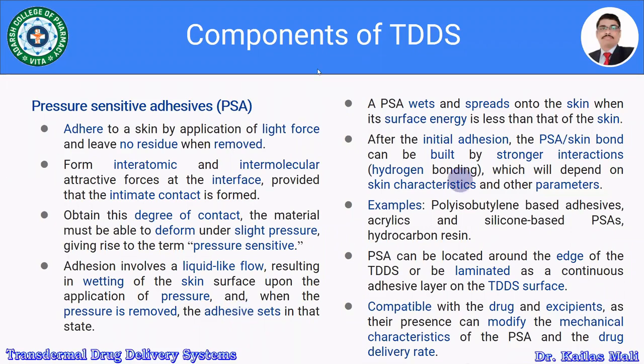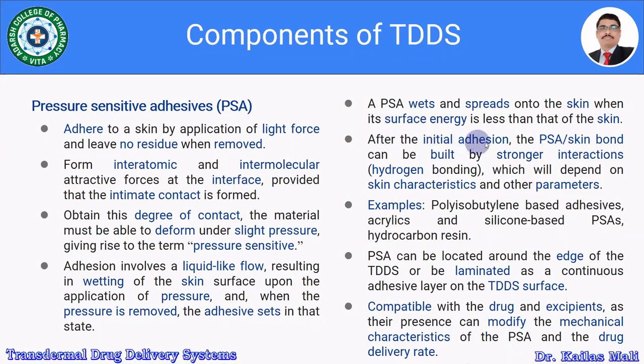The pressure sensitive adhesive wets and spreads onto the skin when its surface energy is less than that of the skin. Then and only then is the pressure sensitive adhesive going to work. Without wetting, it is not possible to spread and adhere to the skin.